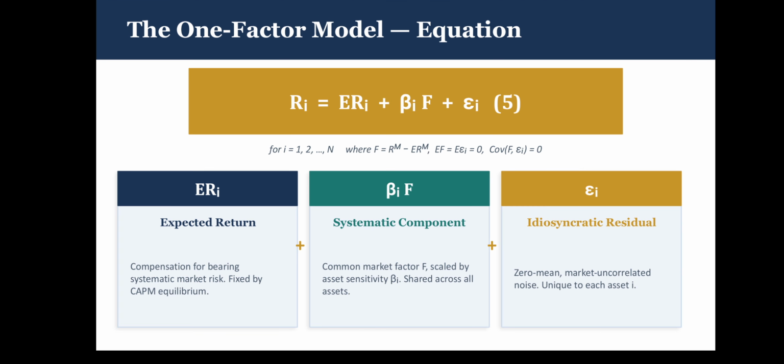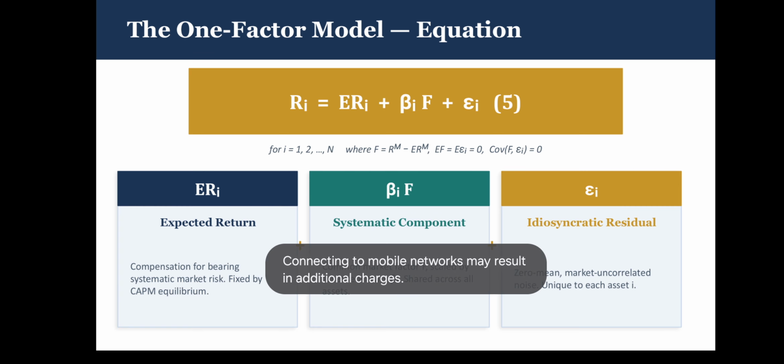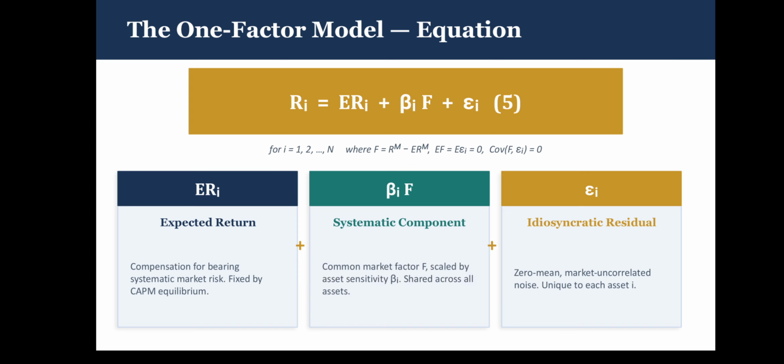With both properties in hand, we can now write the one-factor model, our equation 5. This is arguably the most important equation in this section. Ri equals expected Ri plus beta i times f plus epsilon i, for i equals 1 through n, where f is defined as Rm minus E[Rm], the market surprise with mean 0.